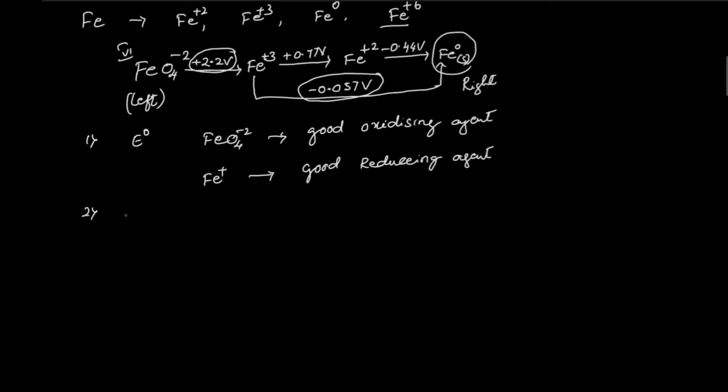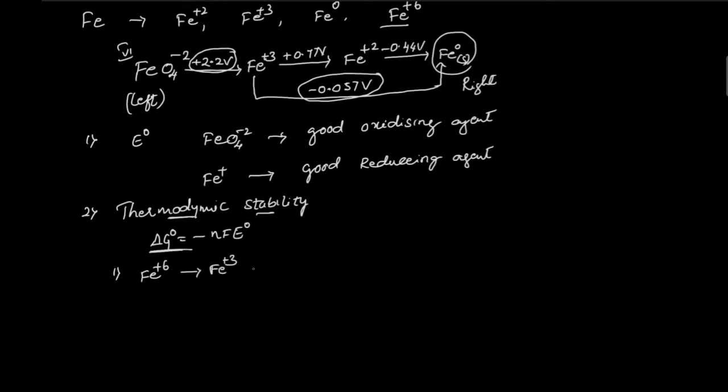Next one is the thermodynamic stability. To find this, we have a relation, that is delta G naught is equal to minus n F E naught. We need to calculate the delta G naught value for each step. Then only we will get the thermodynamic stability of these species. For the first step, Fe plus 6 is getting converted into Fe plus 3. For this, we have an E naught value of plus 2.22 volt.